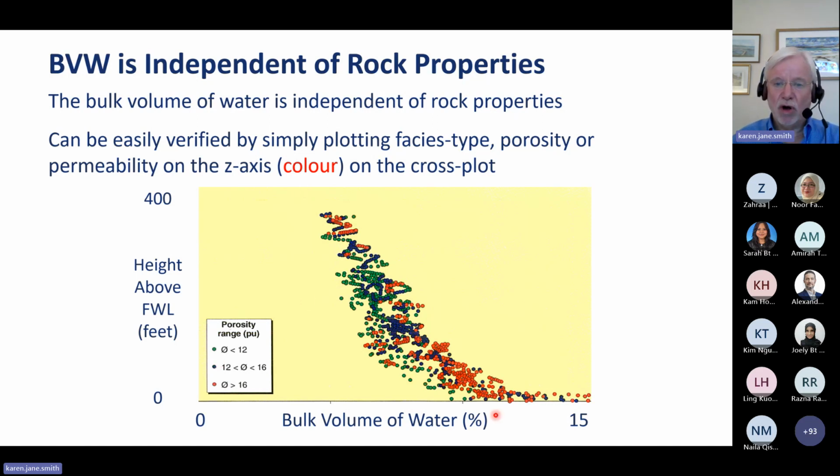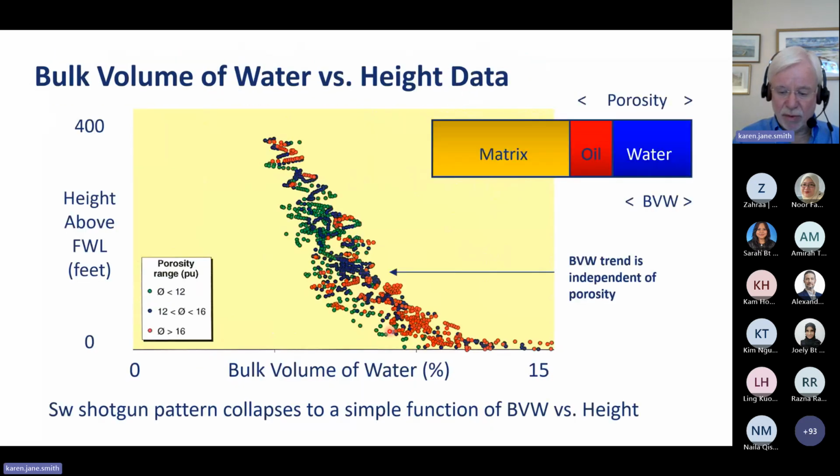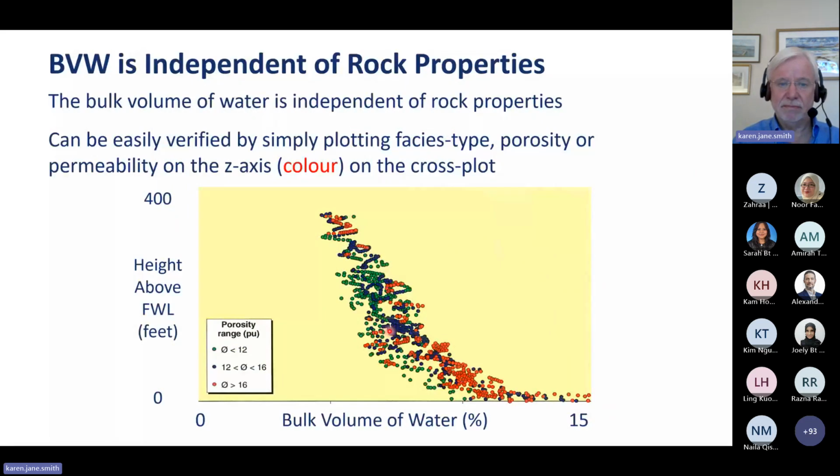So you plot your SW against height, and the z-axis could be grain size, zone number, it could be permeability, and whatever they used, the z-axis will show that the data will overlie. So it's very easily verified by making this cross plot. So you go between SW and BVW to convince the team.